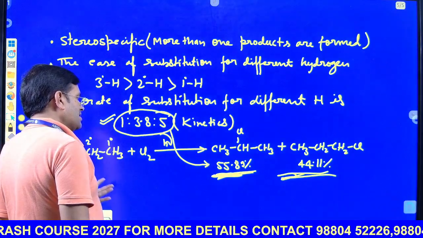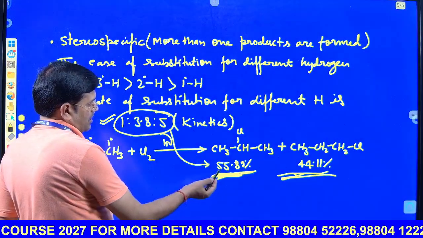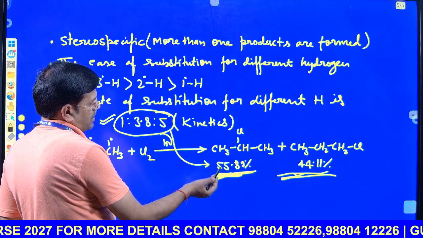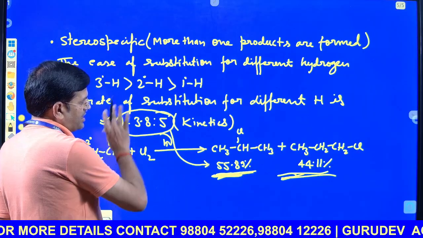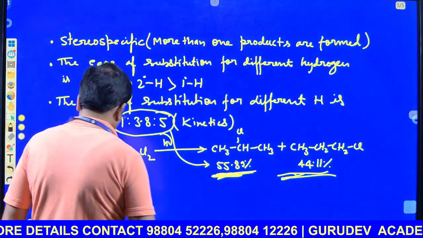Let us see how we will be able to calculate that 2 chloropropane is coming out to be 55.89% in this reaction, right?